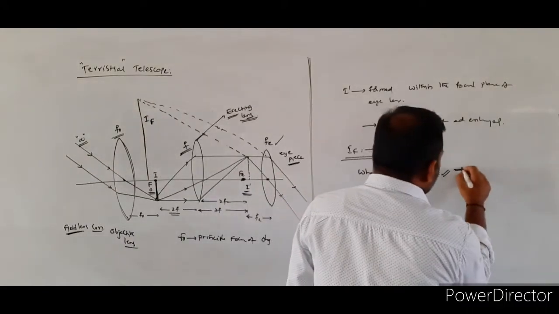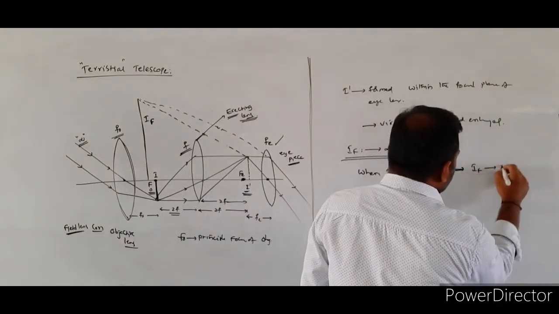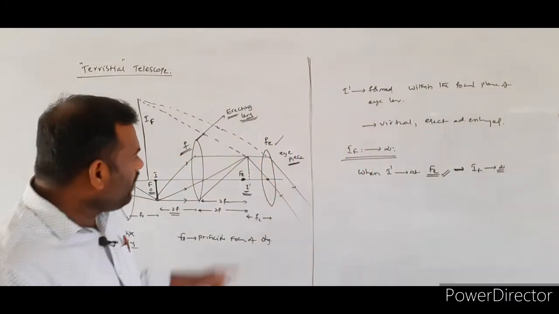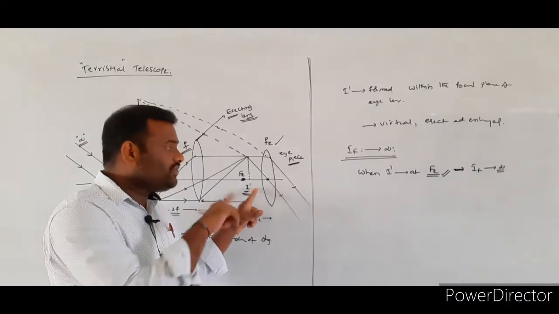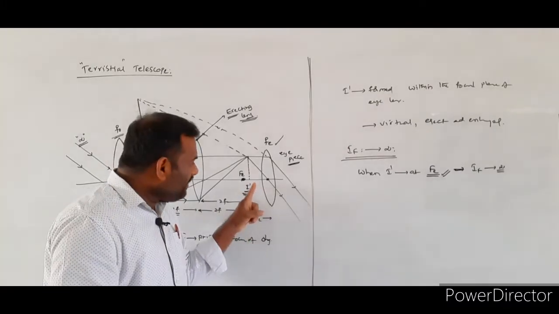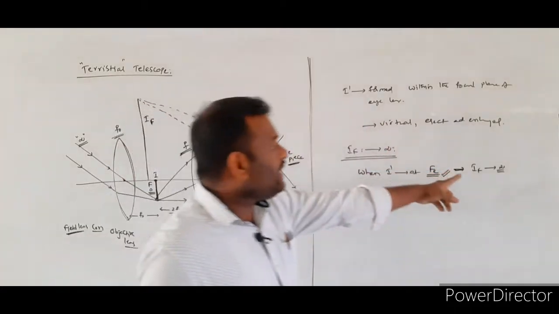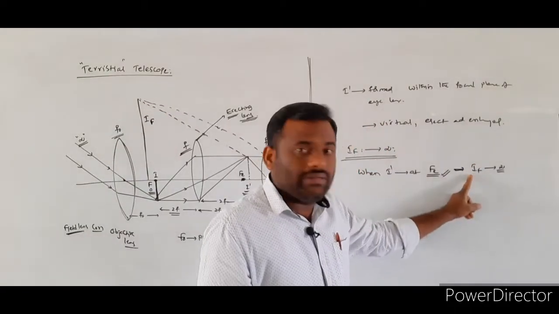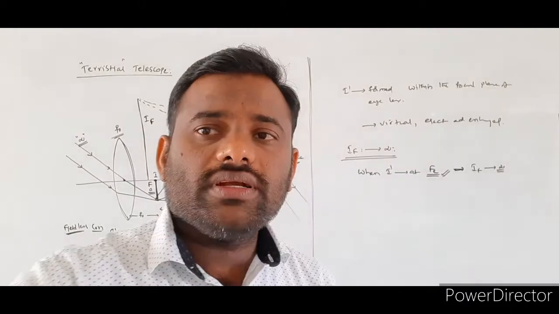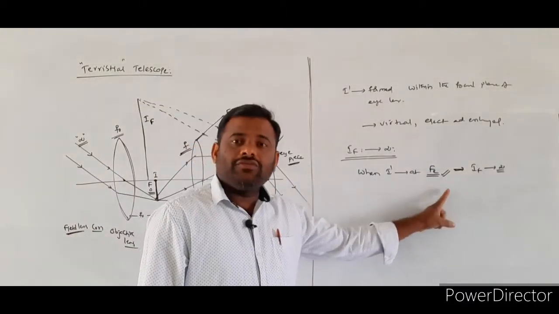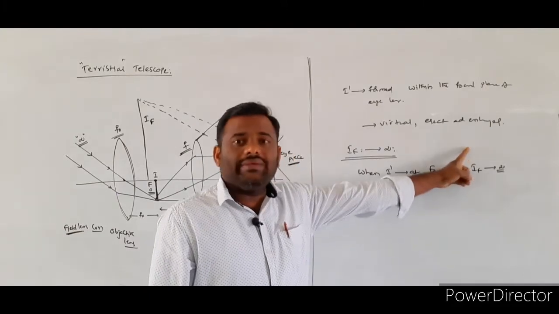Whenever the virtual object is located at the principal focus of the eye lens, the corresponding final image will be formed where?